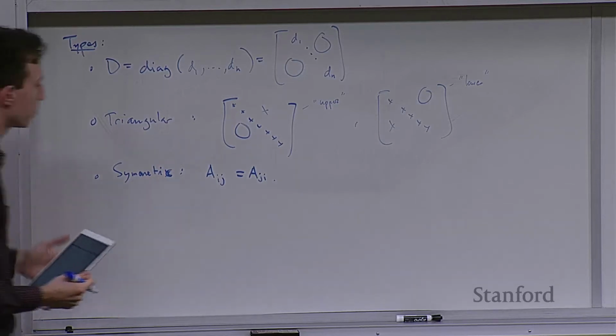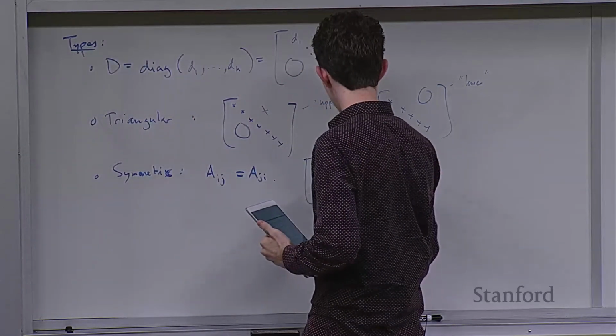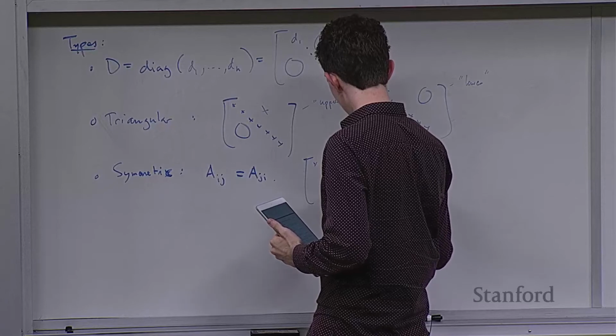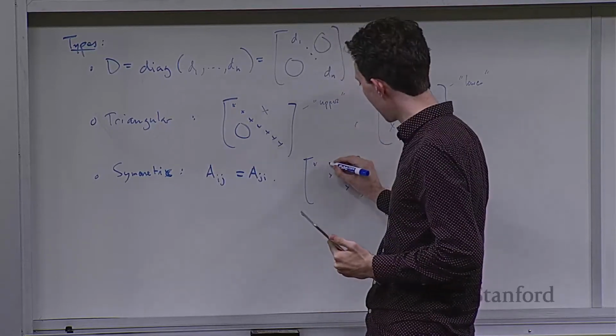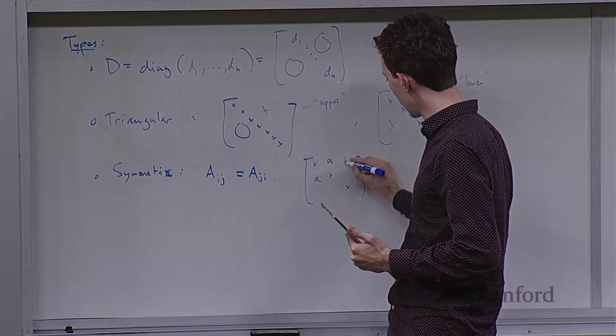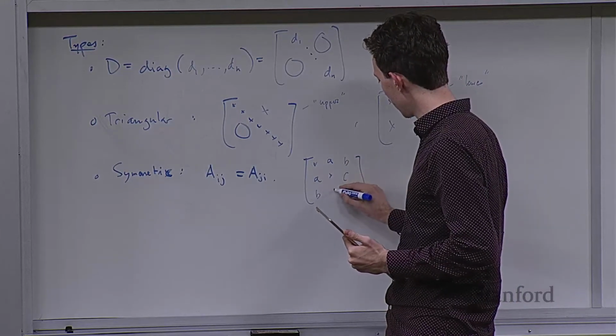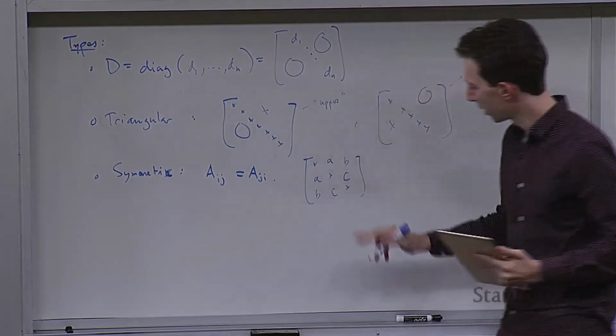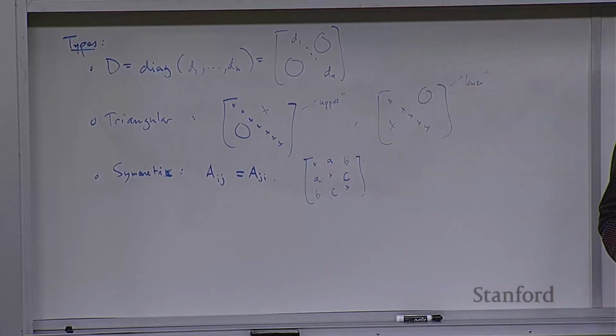What that means basically is that if I have some number A here, it has to appear here on the flip. If I have a number B here, it appears here. C here appears there. And then on the diagonal, I can have whatever I want.